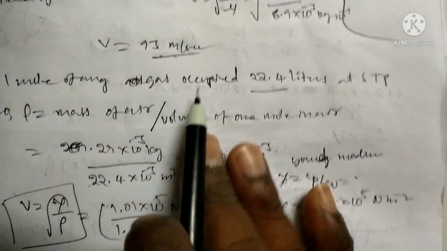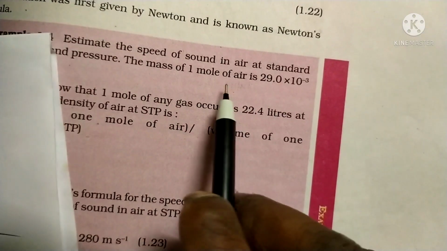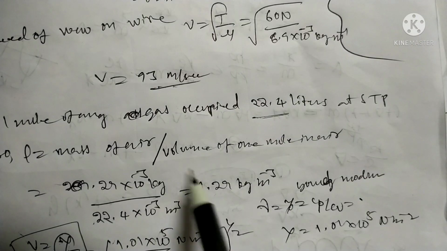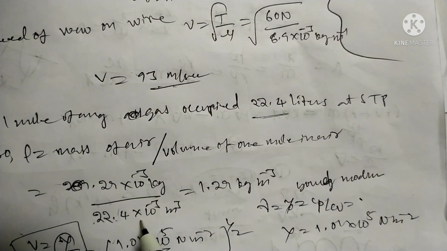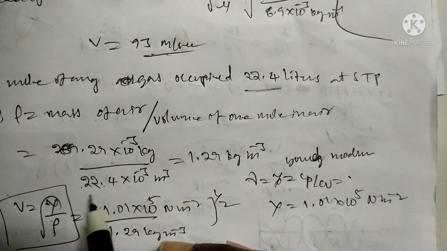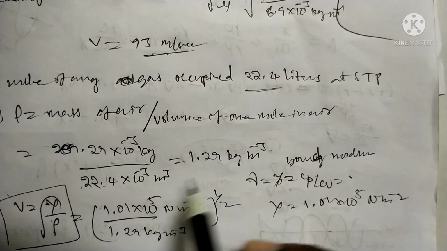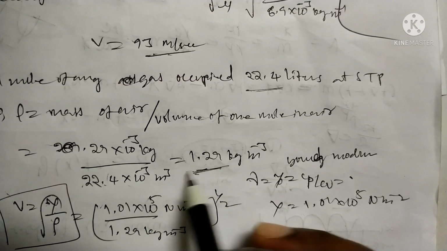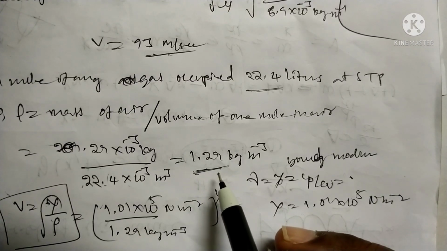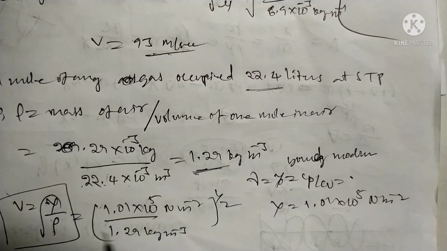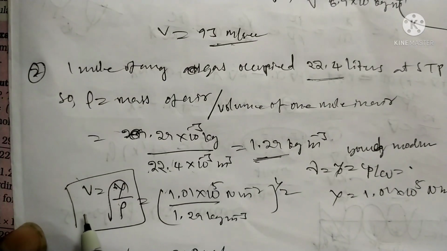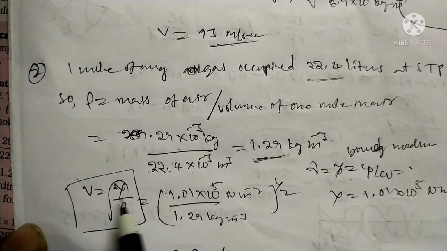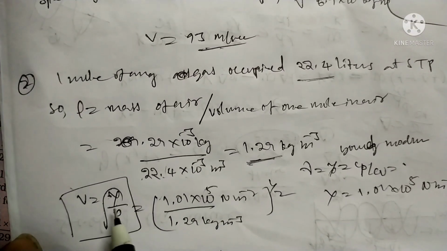The mass is given, 29 into 10 to the power minus 3 kg. The volume of one mole is 22.4 liters, which is constant. We get the density of the gas, and we can find the velocity of the gas at STP.